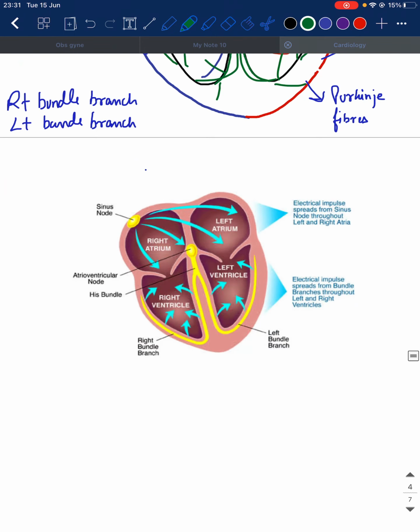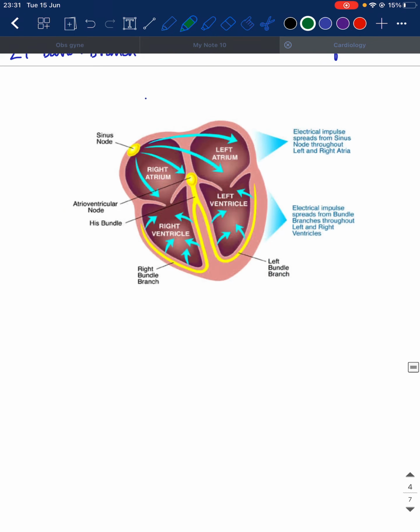Okay, we see this in the photograph: the sinus node, SA node, these are the impulses into the atrium, then this is the AV node, bundle of His, right and left bundle branch. Correct? So I am going to end the lecture here.